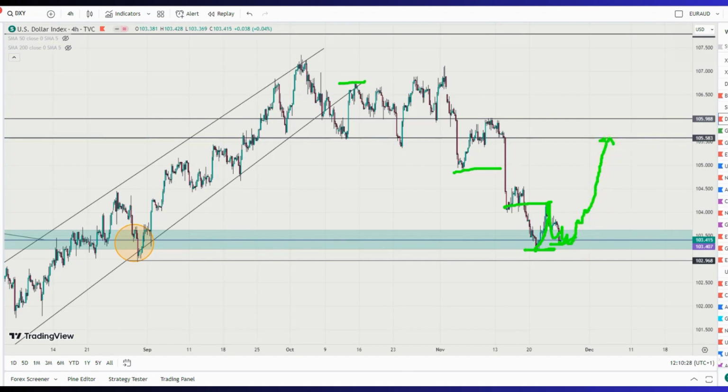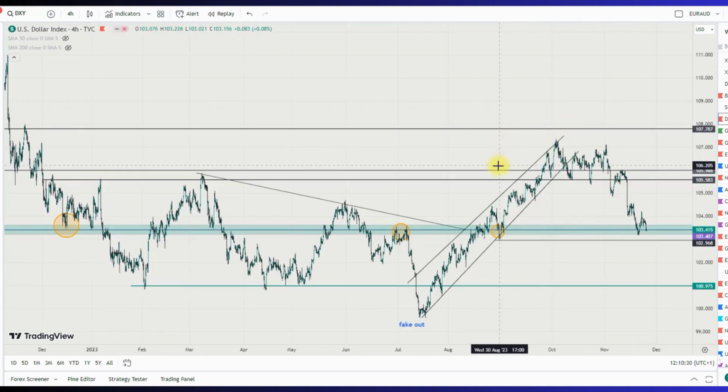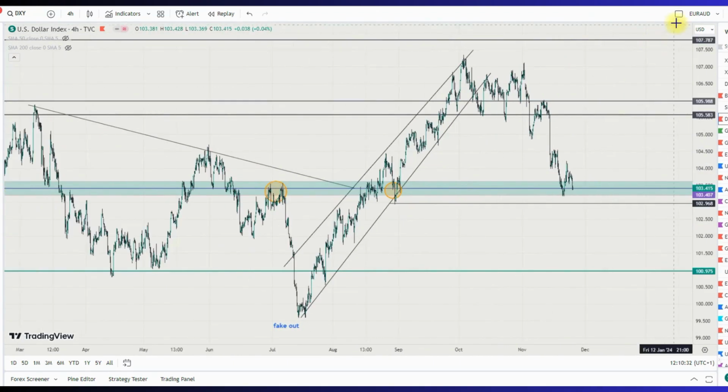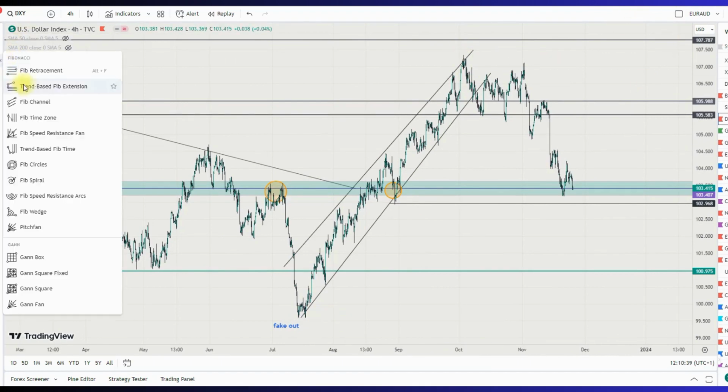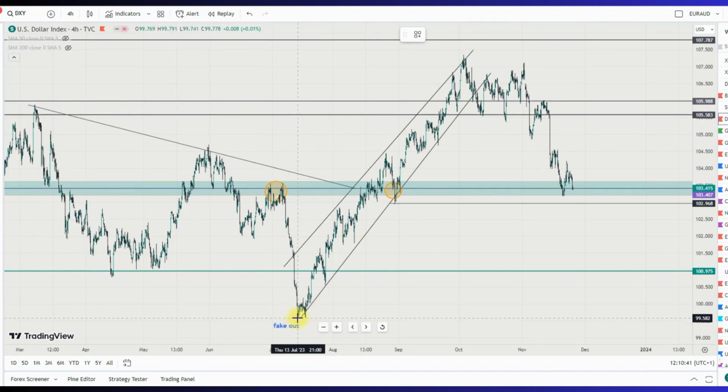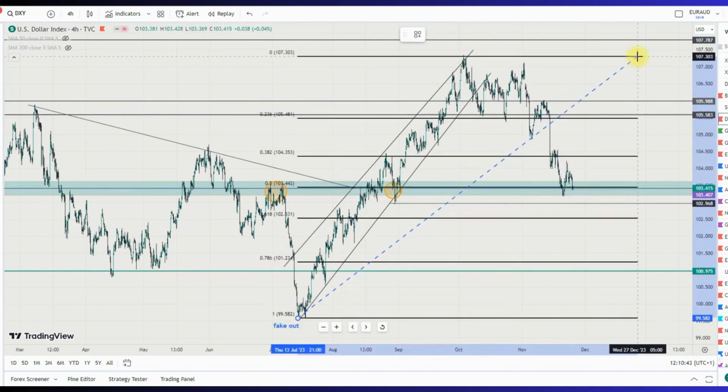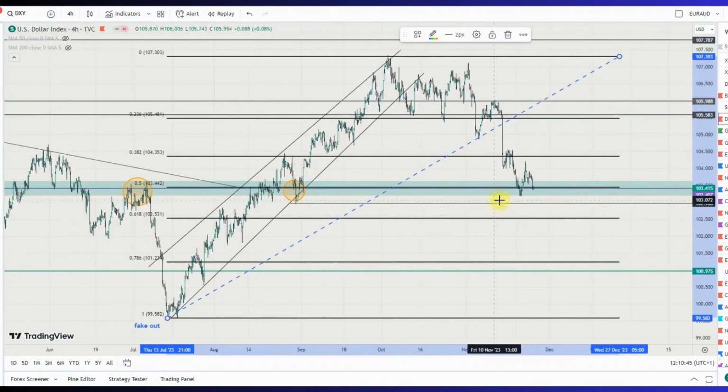If you ask me why, there's one thing I want to show you right here. This is the low here, and this is the high. If we use the fib retracement tool, you can see that price is at the 50% retracement level. As you can see, the 50% retracement level is always a very strong level for market participants to watch out for.